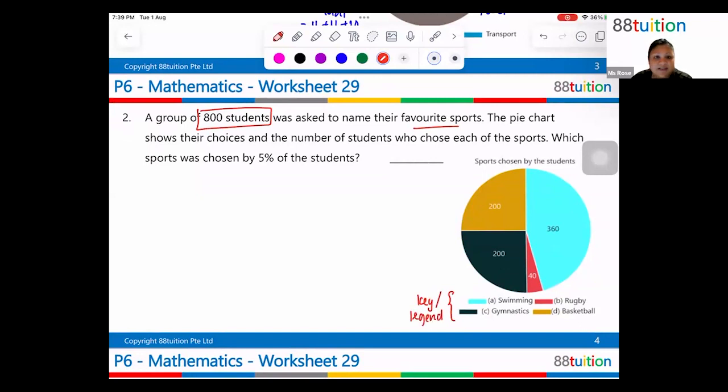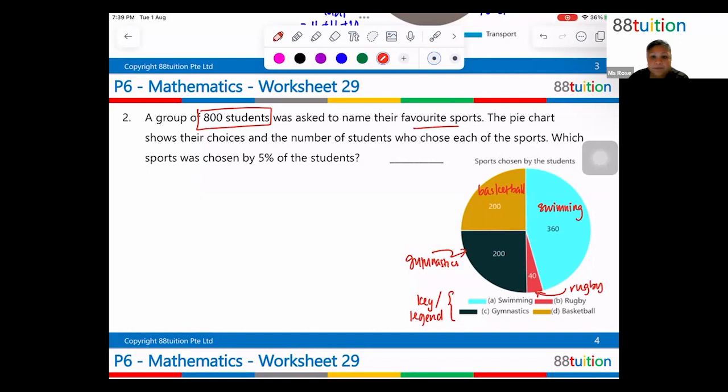Either way, it's fine. The key tells you what each color represents. So this would be swimming, basketball, gymnastics. Okay, gymnastics. And this would be your rugby.